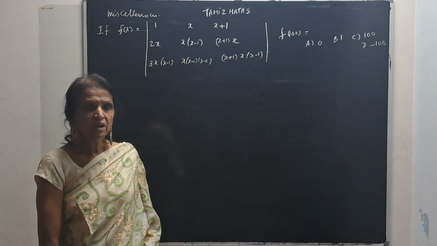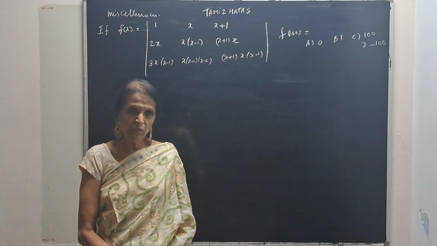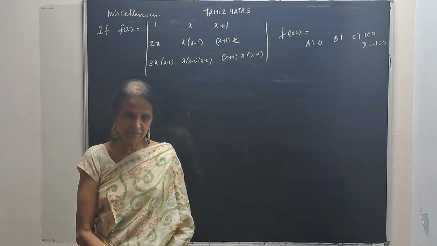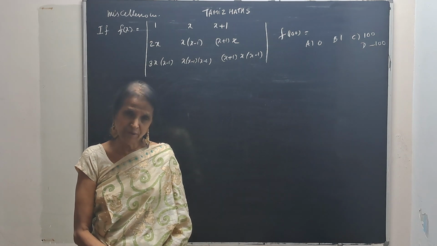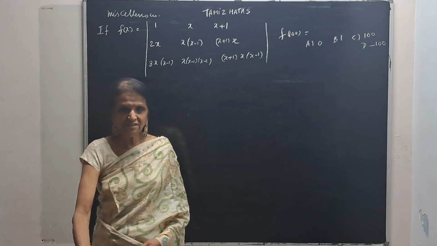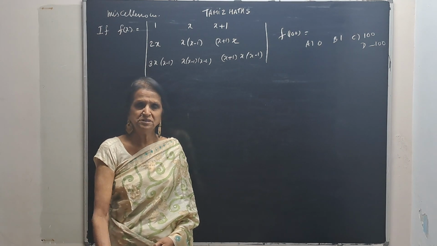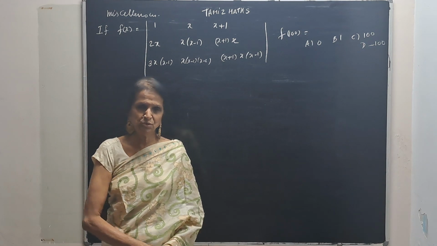A determinant is a chapter where you can do whatever you like. But even though I say you can do whatever you like, take this road: you can walk in any direction, in any way you like, and it will take you to your place.